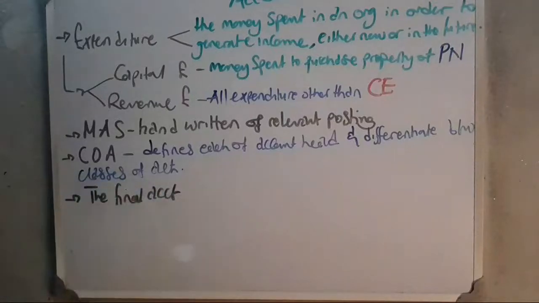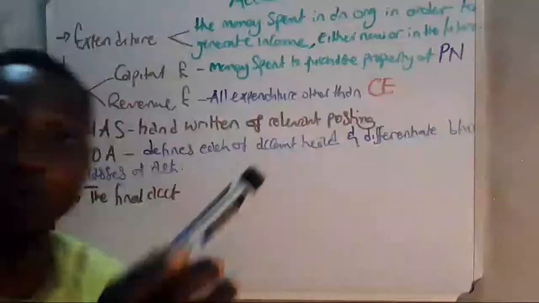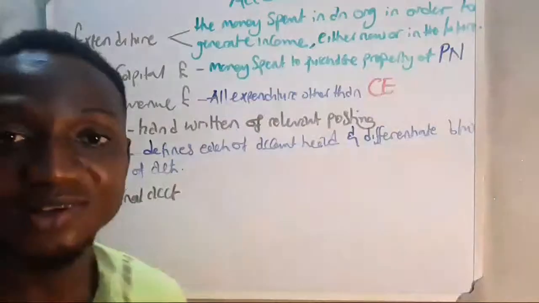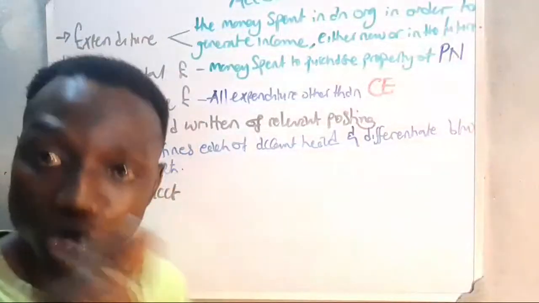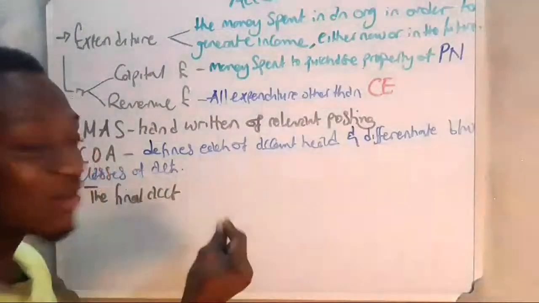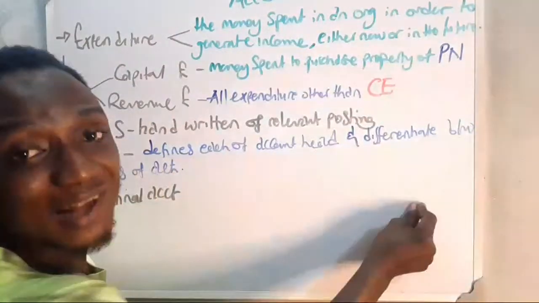You see this course, it's not because it's difficult that a lot of people will fail it, but a lot of people will fail it because of small details, like posting on the credit side what's supposed to be on the debit side, posting on the debit side what's supposed to be on the credit.